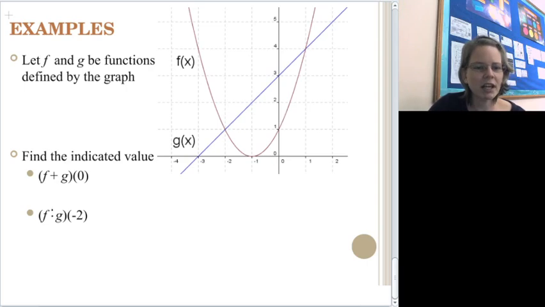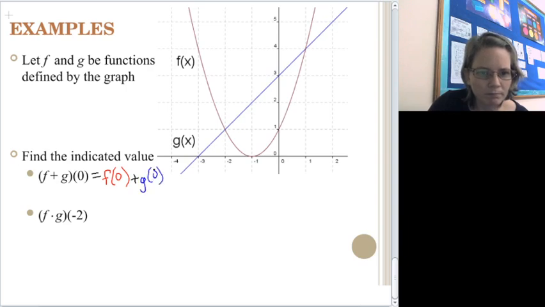So, find the indicated values, f plus g of 0. So that would be equal to f of 0 plus g of 0. Well, if I go to my graph, I can find f of 0 is my y value when my x value is 0. So here's x equal to 0.